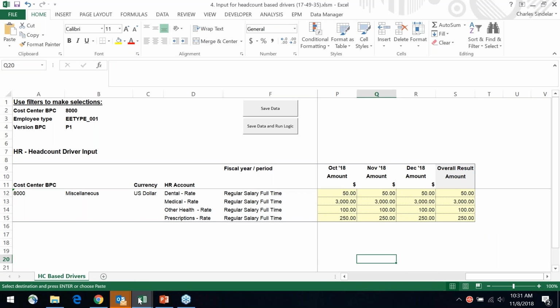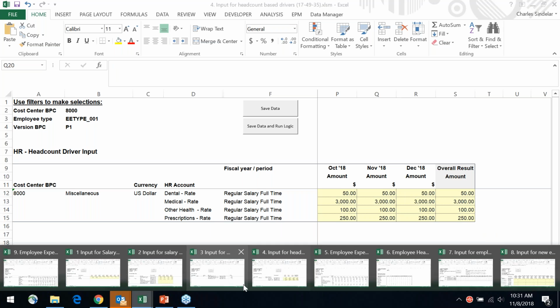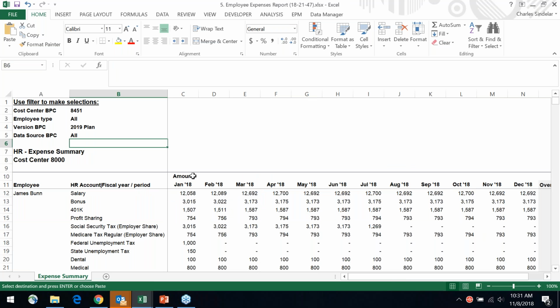After all these input drivers are entered, the logic's running. The logic itself takes about 3 to 4 minutes for a company of about 10,000 employees.